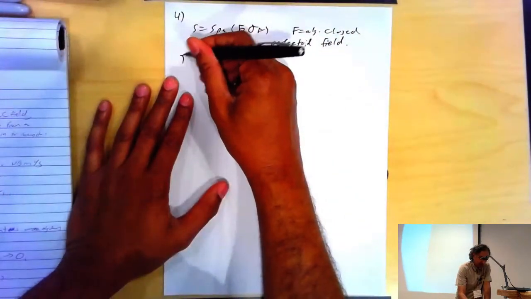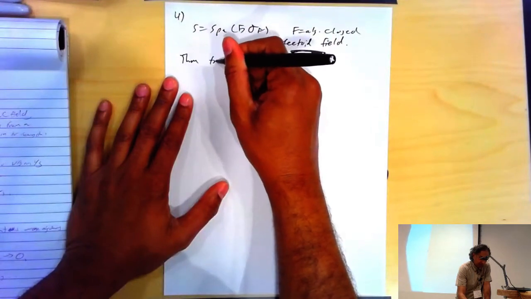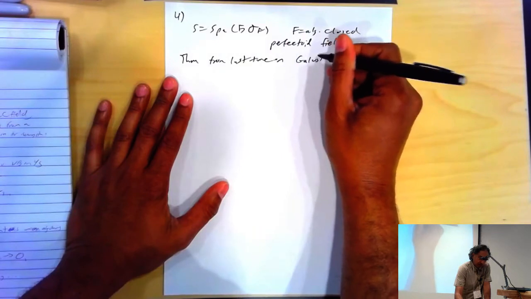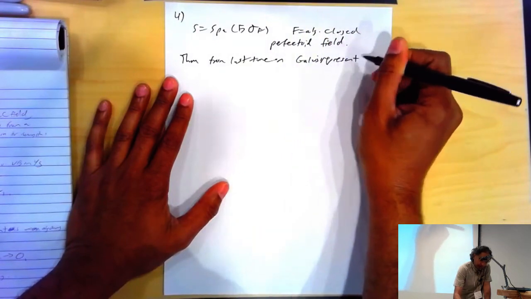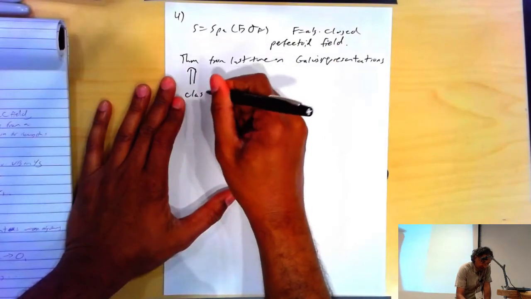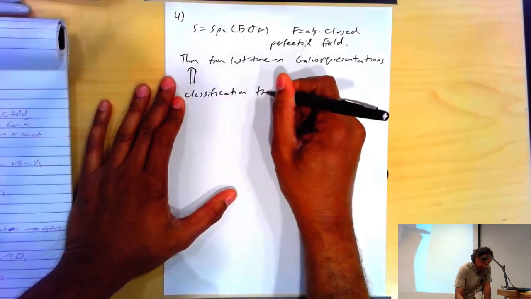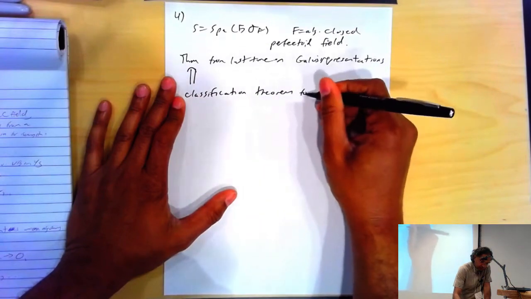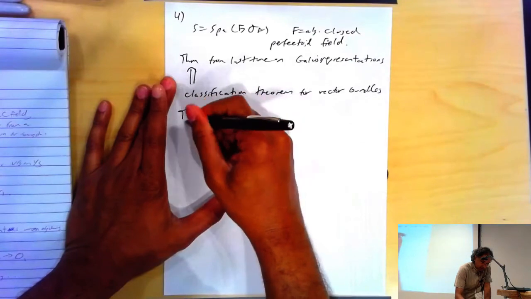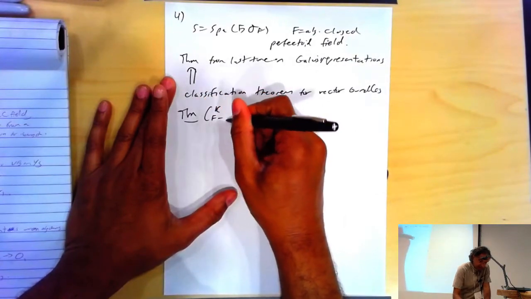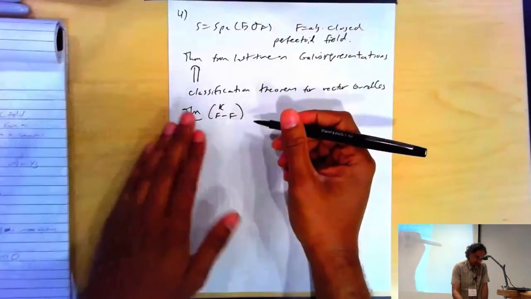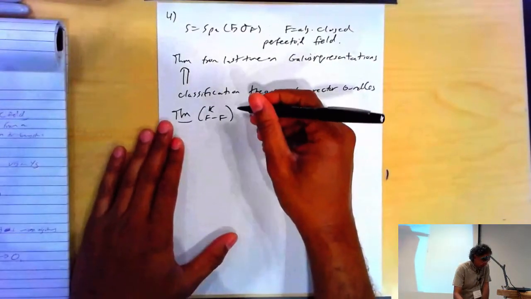So the theorem from last time on Galois representations follows from a classification theorem for vector bundles. This is the thing that I mentioned had a funny history, which I won't repeat right now; I'll just remind you to rewatch the end of the previous lecture.